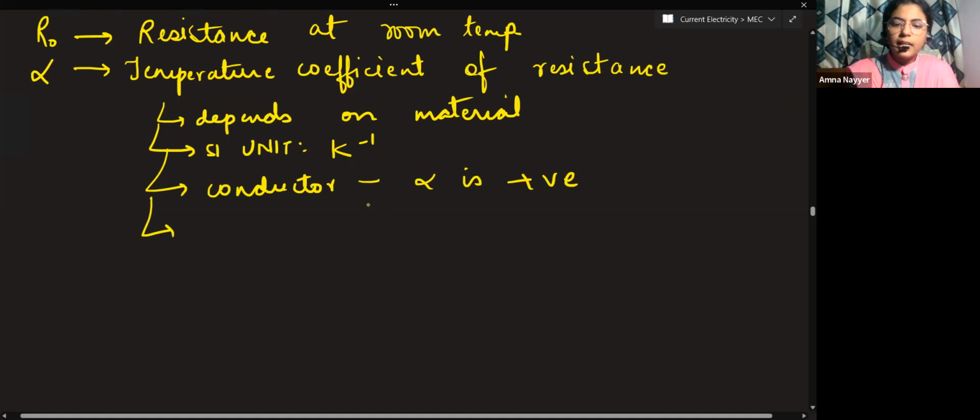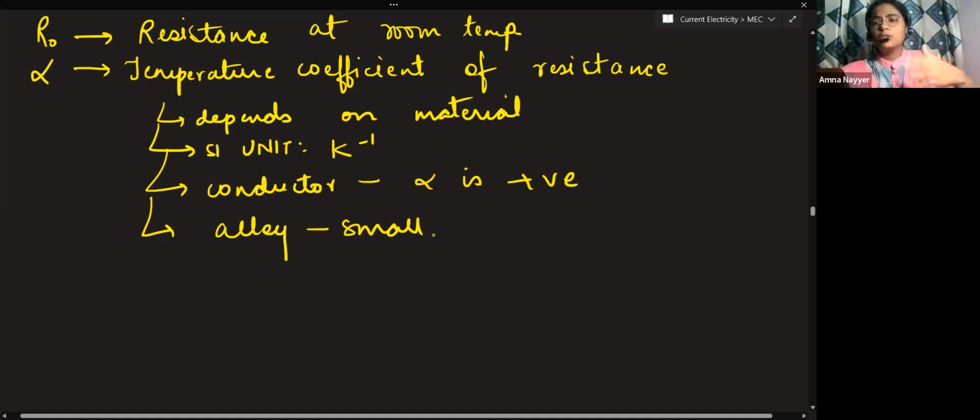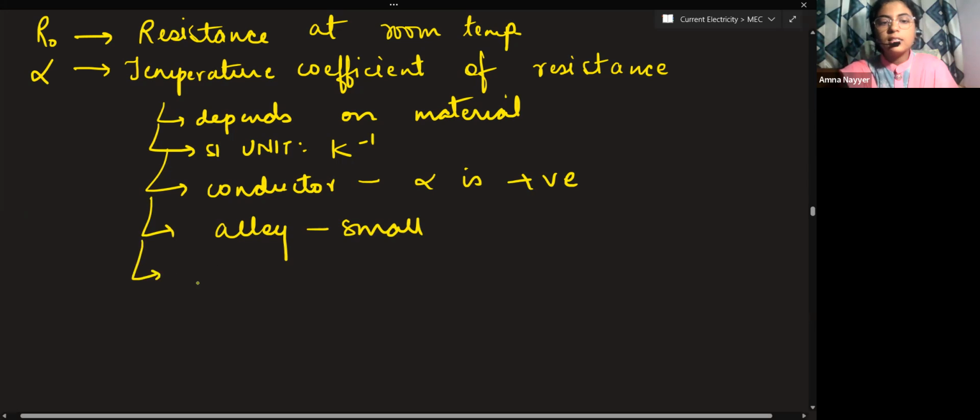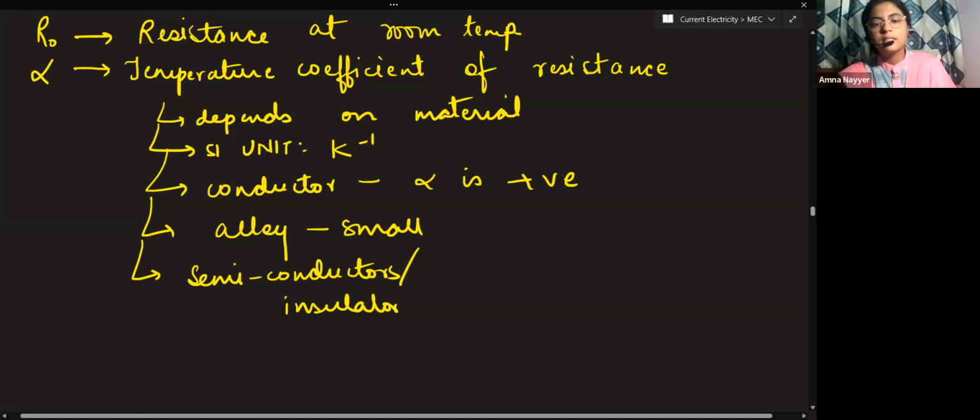If it is an alloy, it will also be positive, but very small, like 0.0000 something, meaning 10 to the power minus 3 or in this manner, for alloys. For semiconductors and insulators, alpha is negative.